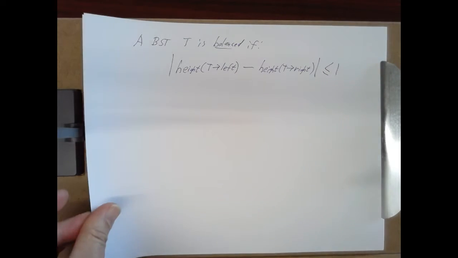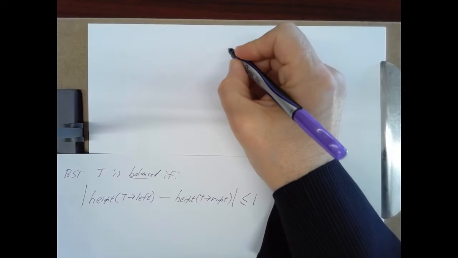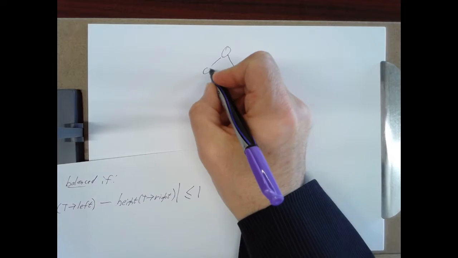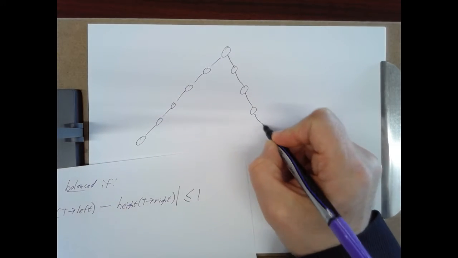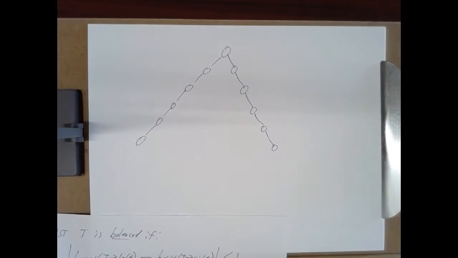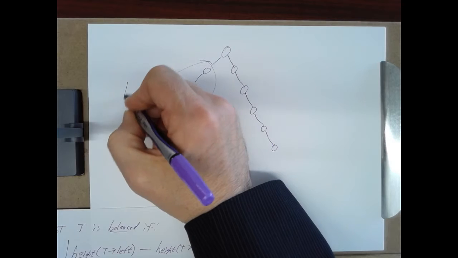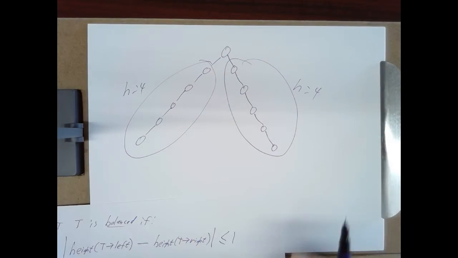But that would also, by itself, here the left subtree is right here. That has a height of 4. The right subtree is here. That has a height of 4.